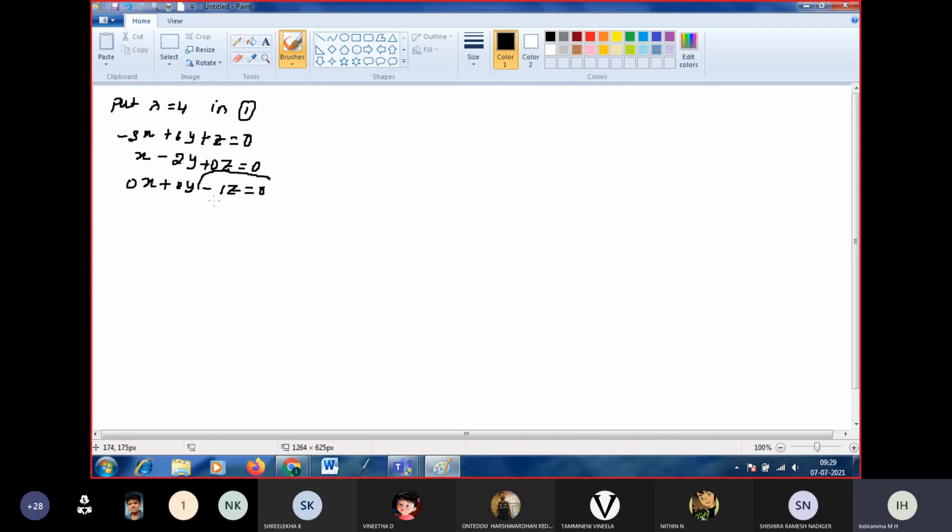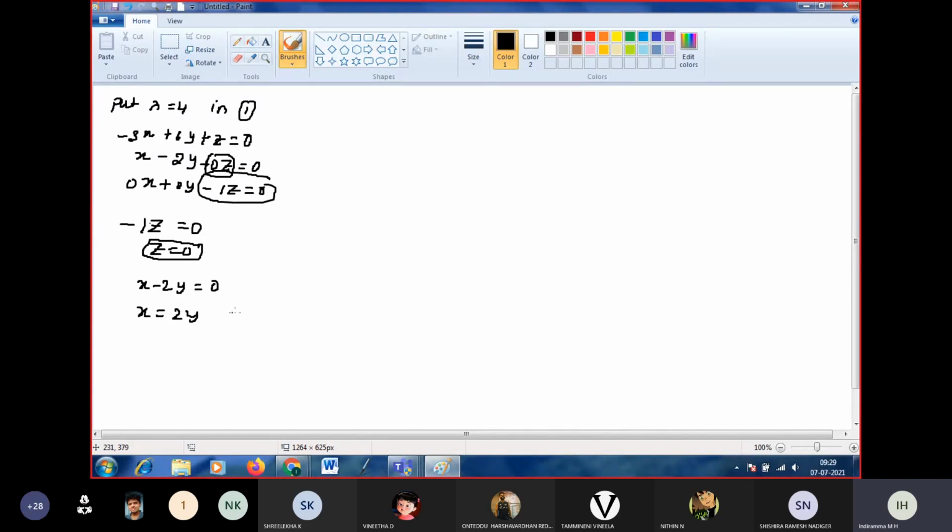From the third equation, what we got z as? Minus z equal to 0, that is z equal to 0. So z equal to 0 we got from the third equation. If you put z equal to 0 in the first equation, it is already 0. So now second equation becomes x minus 2y equal to 0, that is x equal to 2y.